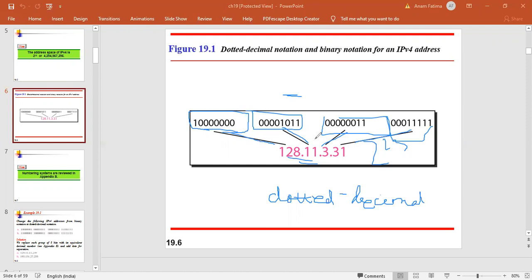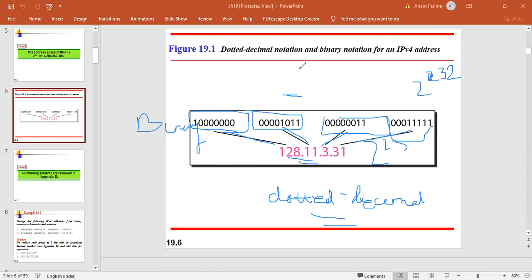So simple 32 bits give you an address space of 2 to the power 32. These 32 bits can be in binary notation in the IPv4 address, and the more compact and easier form is dotted decimal notation, where the 32 bits are divided into 8-bit blocks and converted to their respective decimal equivalent.